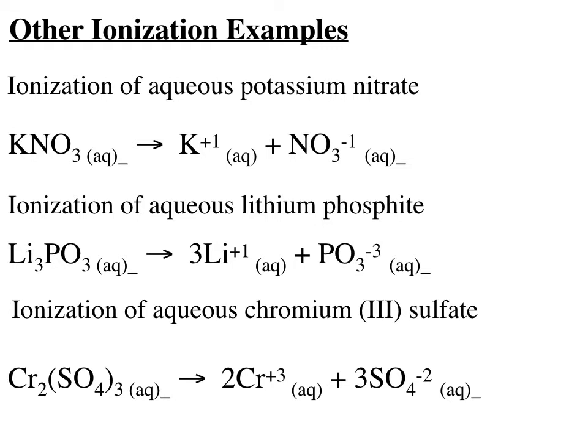The 3 goes in front, saying every time one lithium phosphite falls apart, 3 lithiums come out of it. So make sure you don't put subscripts when you dissociate these. You put coefficients in front representing the number of particles that are coming apart as the ionic compound dissociates.